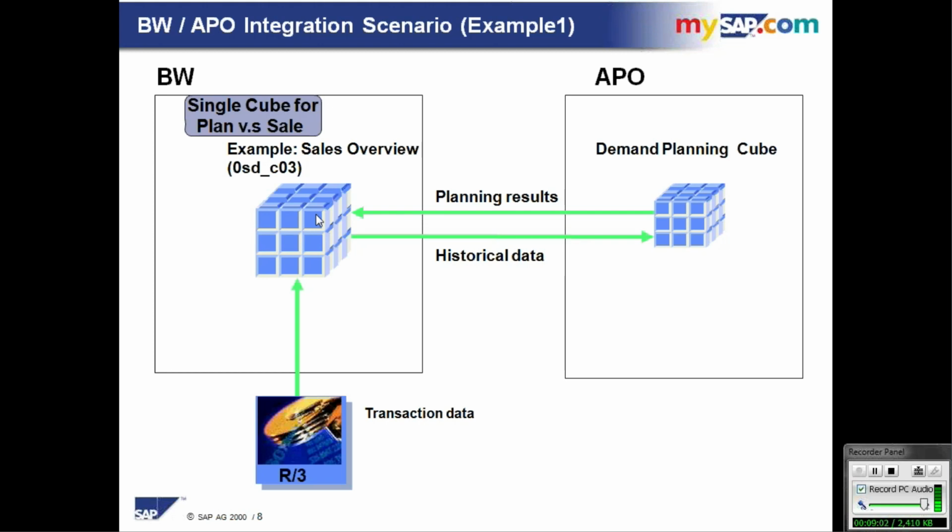If they are using the central BW for reporting, whatever data comes from APO we send back to the central BW, and whatever data comes from R3 also comes here. So from the central cube they will extract the reports.